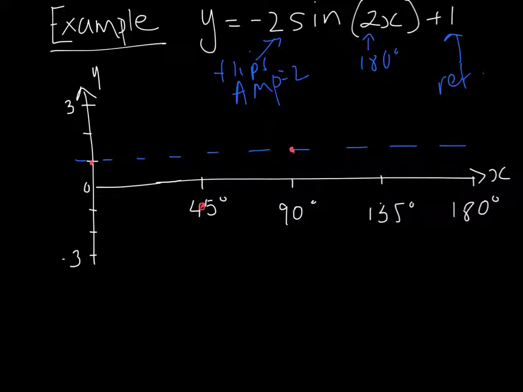Okay, and then same as what we would always do, at 135, it's going to be up here, at 2 from the reference line, so that's up at 3. Sorry, we're doing one cycle, confusion there. And then back down to 180 would be on the reference line. So our 3 points which we know would have been on the reference line are still there, this one and this one, but they've been pushed this way.